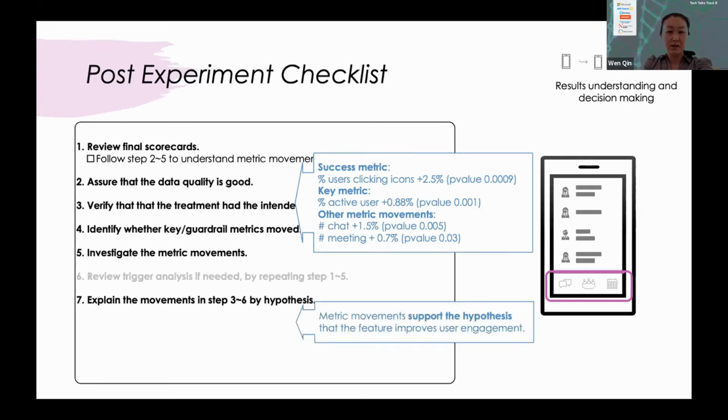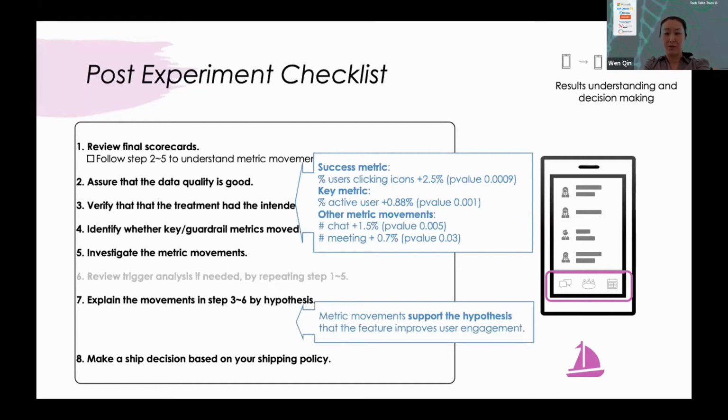The next step is to explain your movements by your hypothesis. All these movements seem to support that your feature improves user engagement. That is very good. And finally, you go to the last checkpoint, that is to make a shipping decision. Based on all the previous information, you're very confident that your feature is good and you want to ship it to your product.